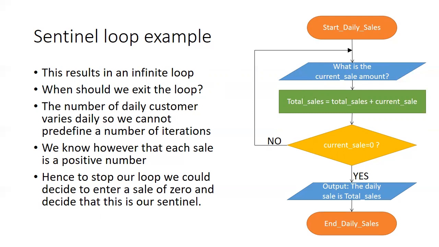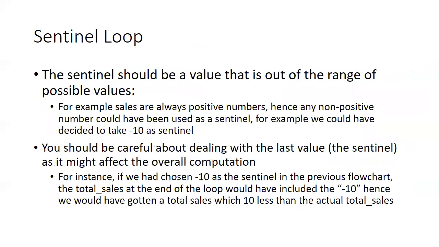But with any other number than 0, if it's not 0, then it will go back and ask for another amount. It'll add that to the total. If it's not 0, keep on doing that. Eventually, when the person types 0, it exits the loop and does whatever processing is later.